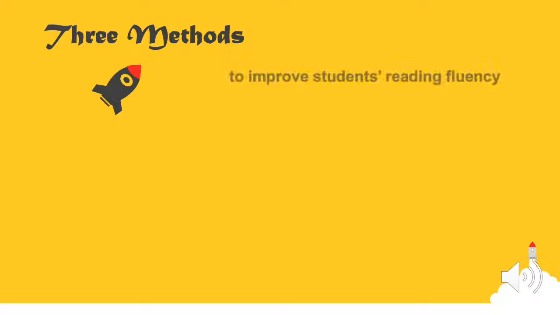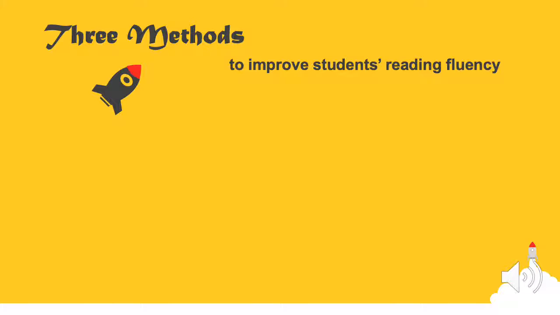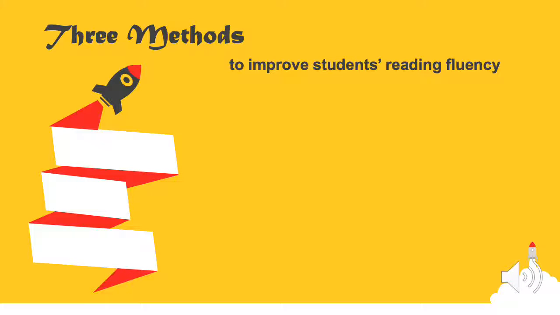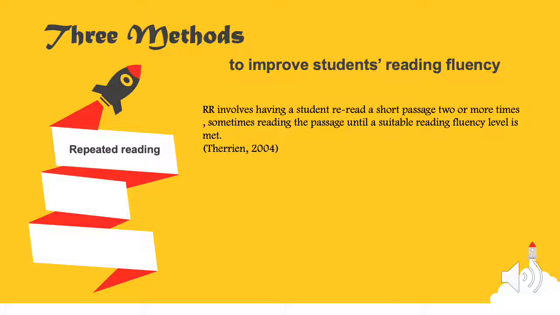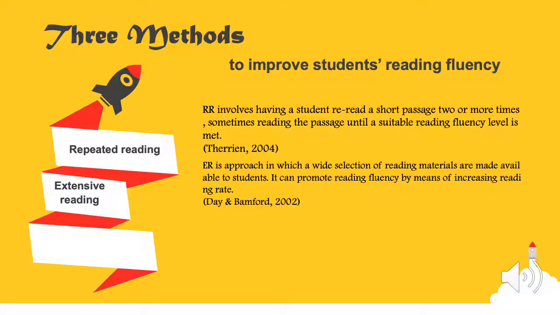So, after looking into a body of research, I offer you 3 methods that teachers could use to improve students' reading fluency. The first method is repeated reading, which involves having a student reread a short passage 2 or more times. The second method is extensive reading. It is an approach in which a wide selection of reading materials are made available to students.